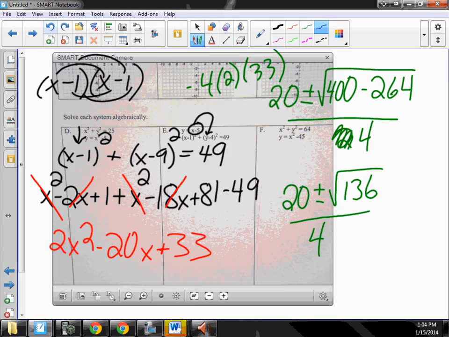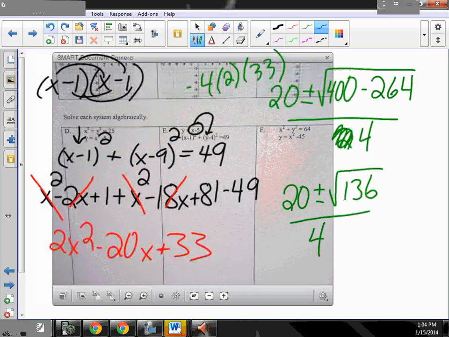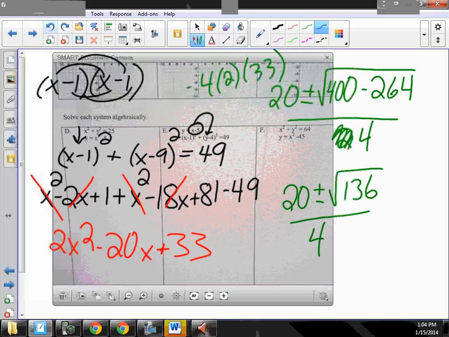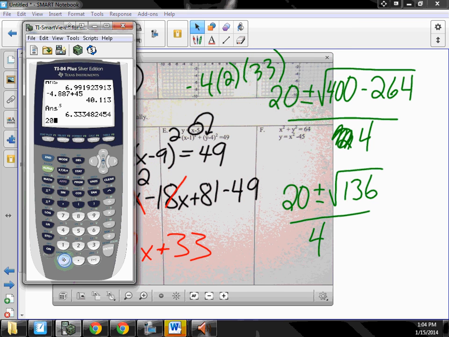Well, I could probably simplify the square root of 136, but do I want the square root answer or the decimal answer? The decimal answer, so let's not even bother simplifying this. Let's just plug it in our calculator and figure out what the decimal is. So 20 plus the square root of 136.